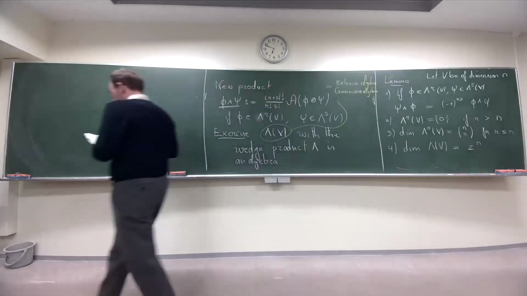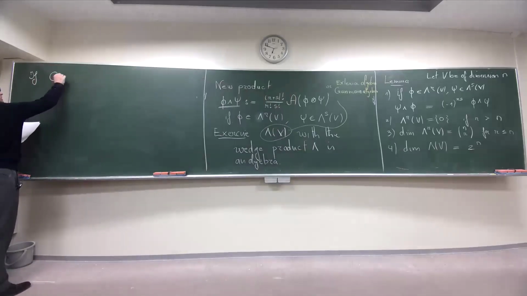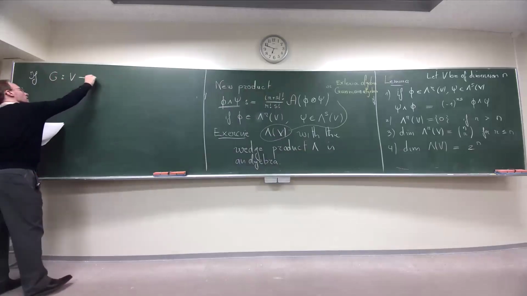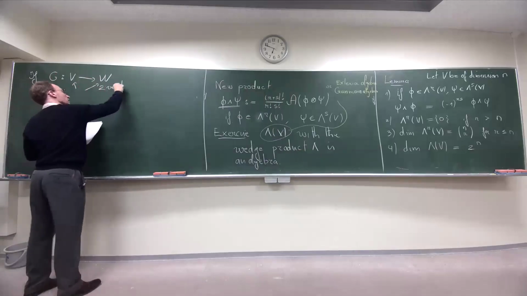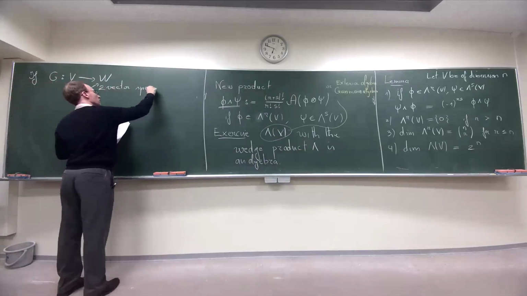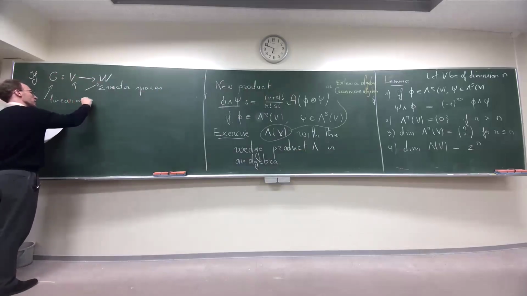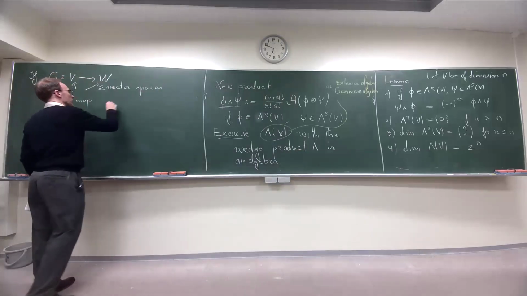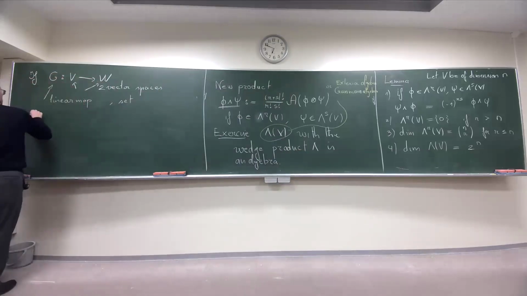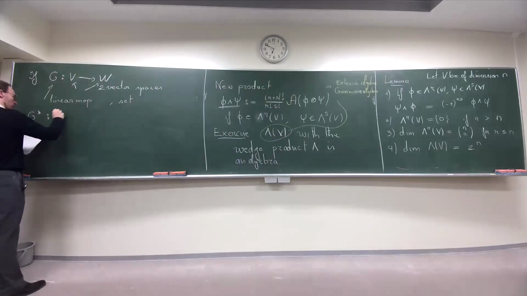Just a small remark. I need to write it, but not so important. If we have two vector spaces, V and W, and G is a linear map, so you can think about a matrix from V to W. I'm going to set G star.